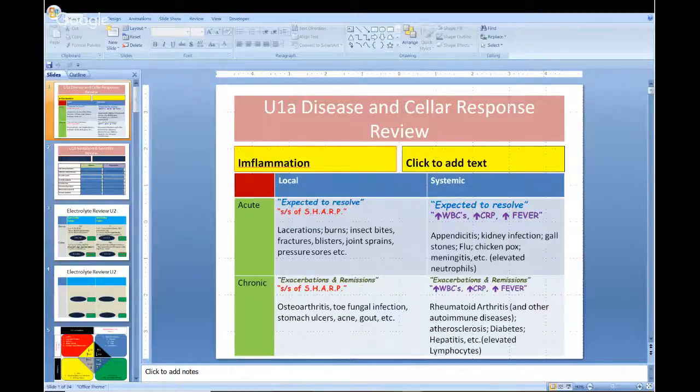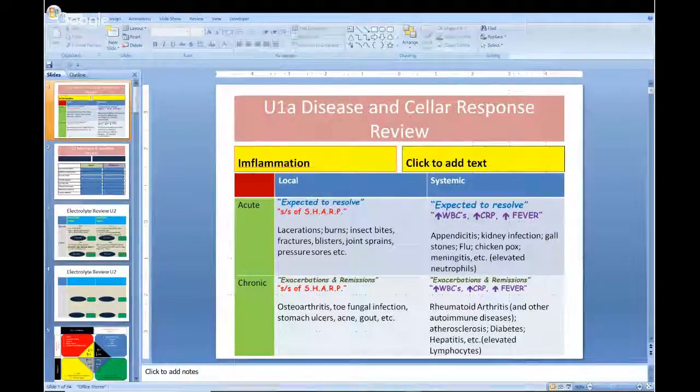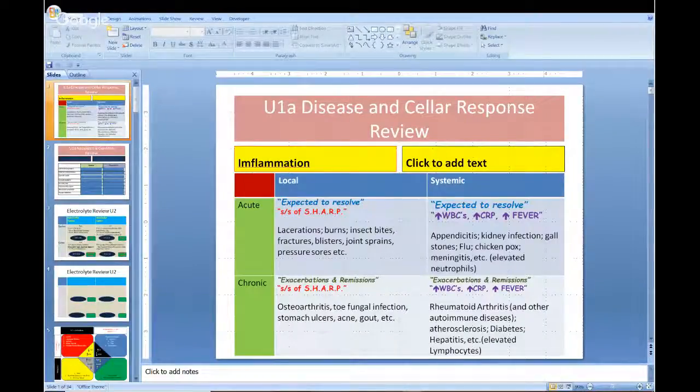Yeah, so signs and symptoms of sharp. And what was sharp? Swelling. Is it heat? Yep, heat. Abnormal function. And redness. Yep.